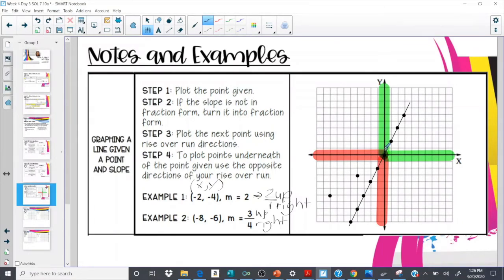Then we're going to go 3 up, 4 to the right. And again, 3 up, 4 to the right. At this point, you can take your ruler or your straight edge and connect the dots to create your line.